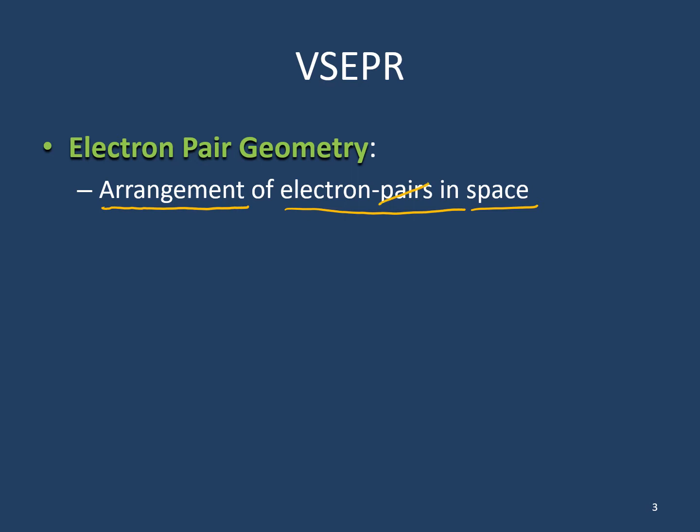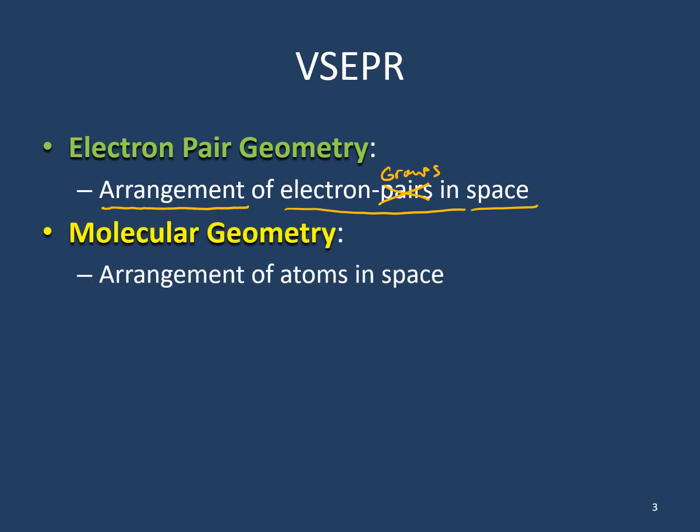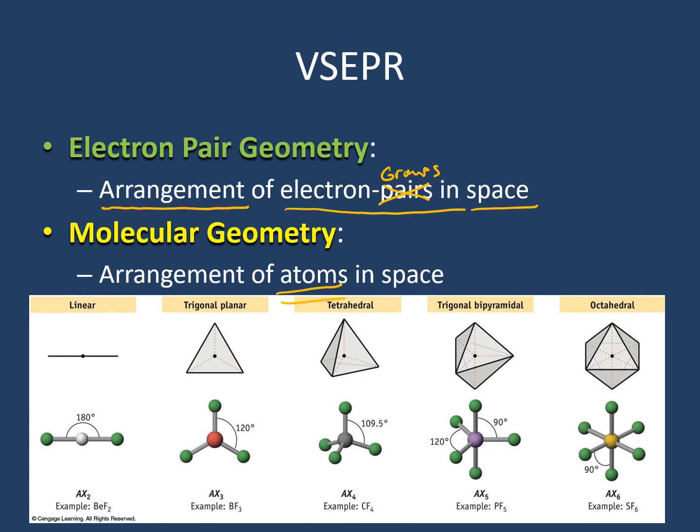And again, I hate that word pairs. We're going to use groups in space. Groups is much better, and we'll see why later. Molecular geometries are the arrangements of atoms specifically in space. Now, we're going to talk about electron pair / group geometries first.